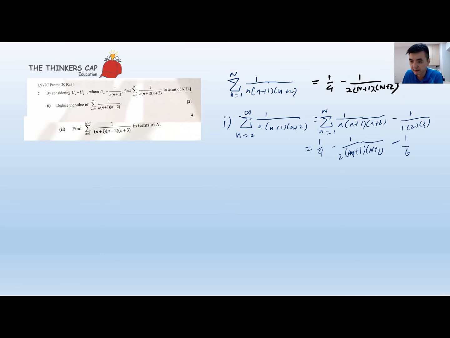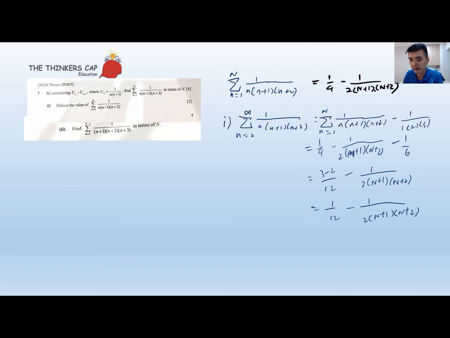So the outcome would be 1/4 minus 1/6, so my LCM will be 12, so I've got 3 over here and then minus 2, minus 1 over 2 n plus 1 and n plus 2. And that will give me 1 over 12, minus 1 over 2 n plus 1 and n plus 2.